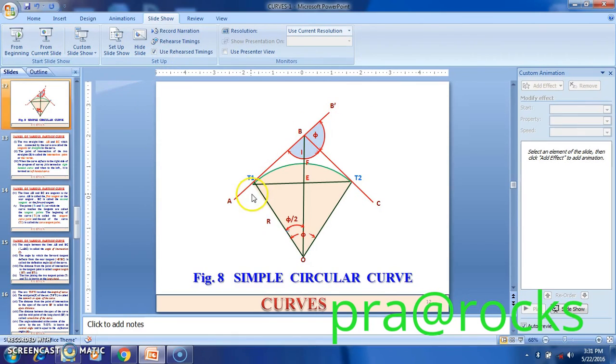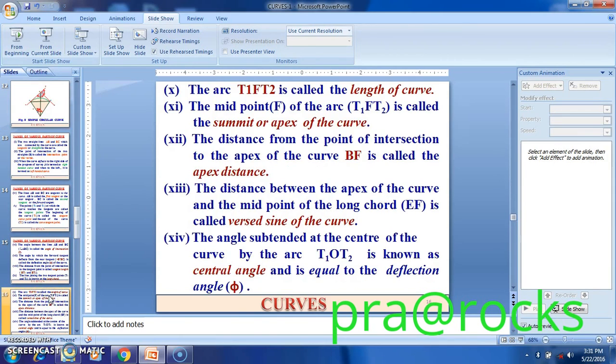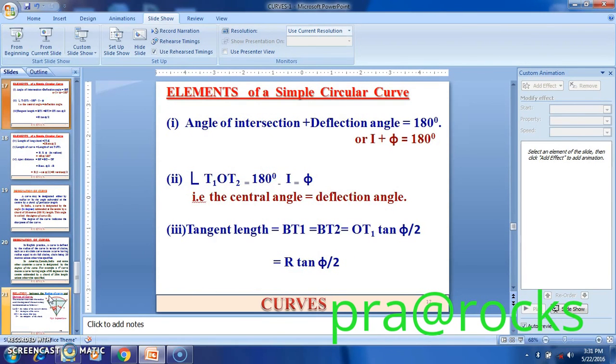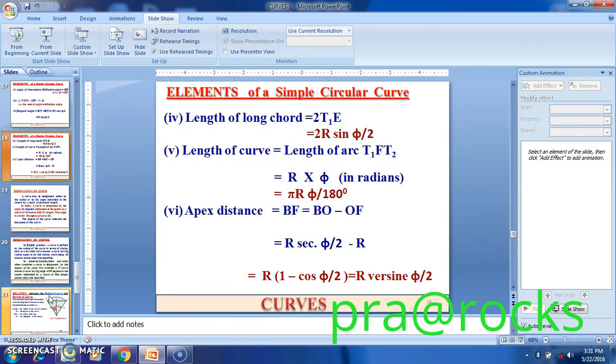We can see here the tangent lengths BT1 as well as BT2. This angle will be phi by 2, so this length will be R tan phi by 2, as given here. Then the length of the long chord is given by 2 times T1E, so it is 2R sin phi by 2.